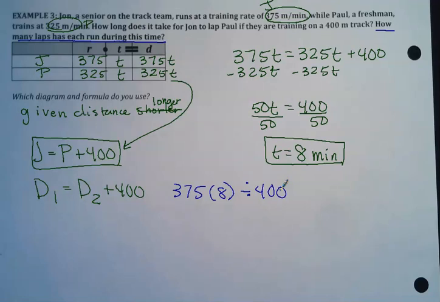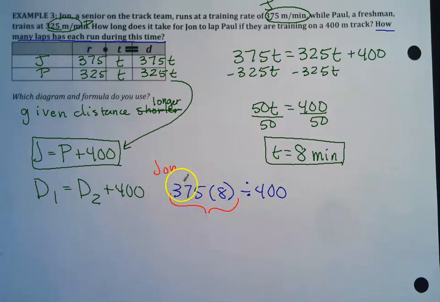Because John runs 375 meters in a minute. If he's run for 8 minutes, multiply that to see how many meters he's run in 8 minutes, and then you'd have to divide that by 400. Okay, so this is for John, first of all.